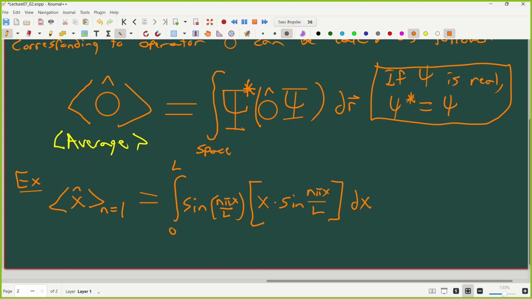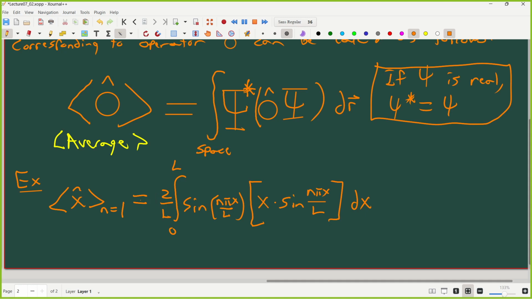We can integrate this straight up. We also have a factor, I'm sorry, each one has a factor of square root of 2 over L, so there's a factor of 2 over L out here. That's the normalization constant. It's squared, so we can just factor it out, 2 over L. Sorry about that.